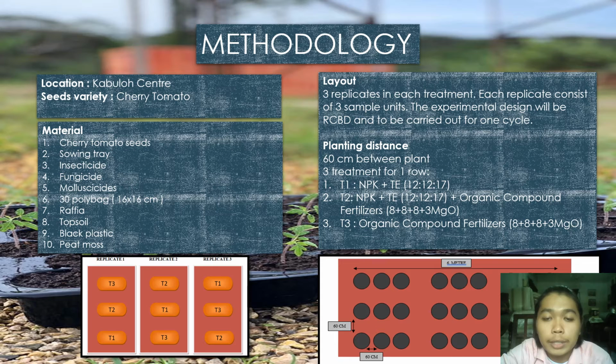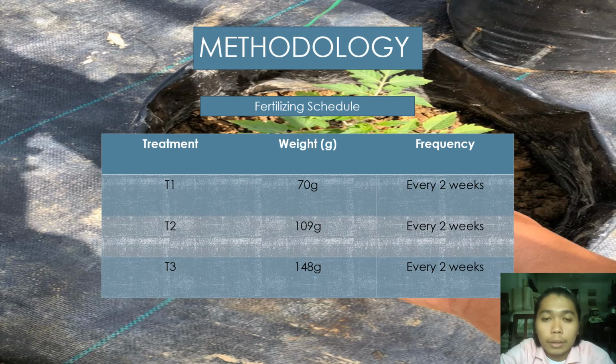I also use three treatments. My first treatment is using NPK. Second treatment I use NPK and organic compost, and the third treatment is organic compost. Okay, this is my fertilizing schedule. For treatment 1, NPK, a total of NPK that I use is 70 gram, with a frequency of every 2 weeks.